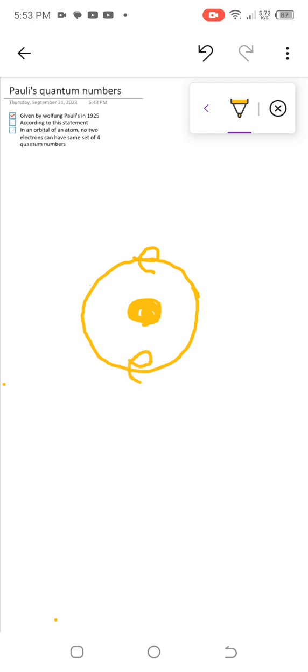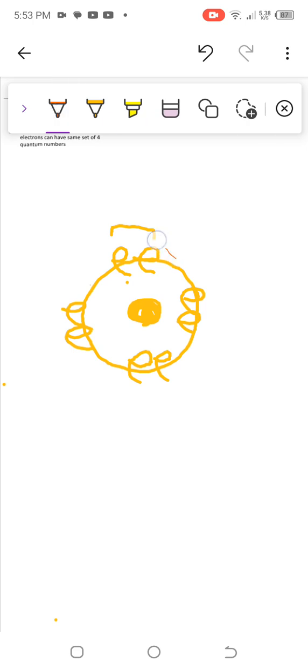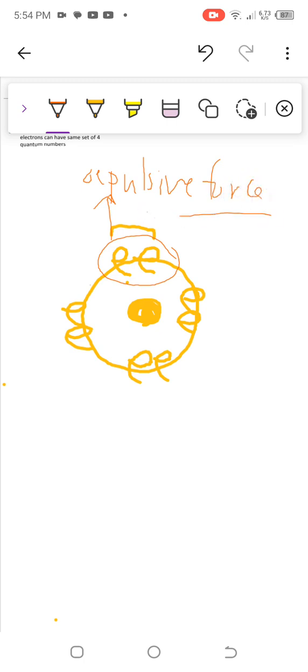Now how will both electrons revolve? These both electrons will put a repulsive force.